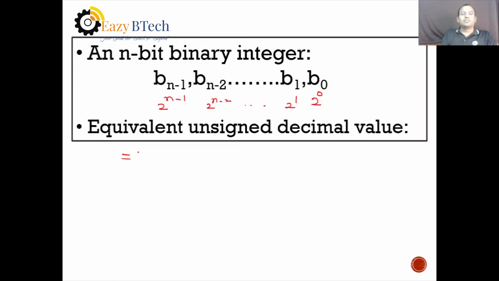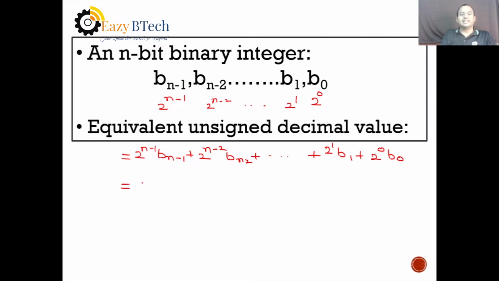That means 2 power n minus 1 times b(n minus 1), plus 2 power n minus 2 times b(n minus 2), and so on, plus 2 power 1 times b1, plus 2 power 0 times b0.